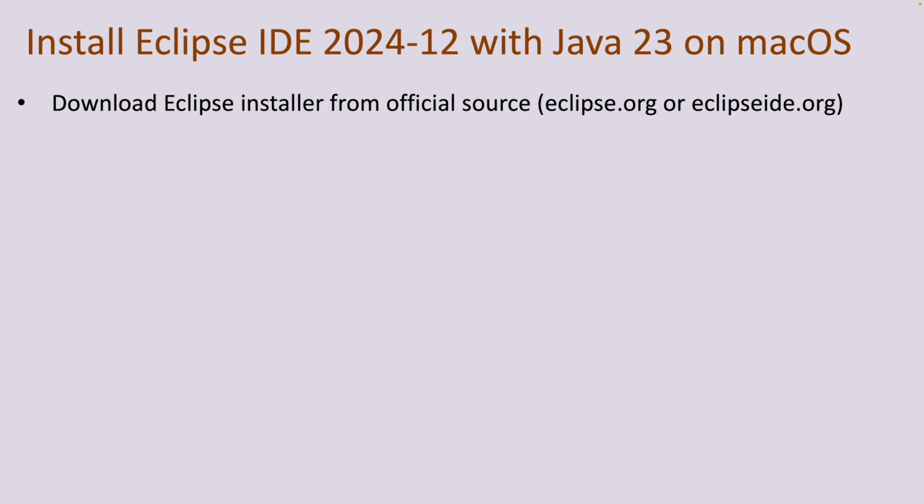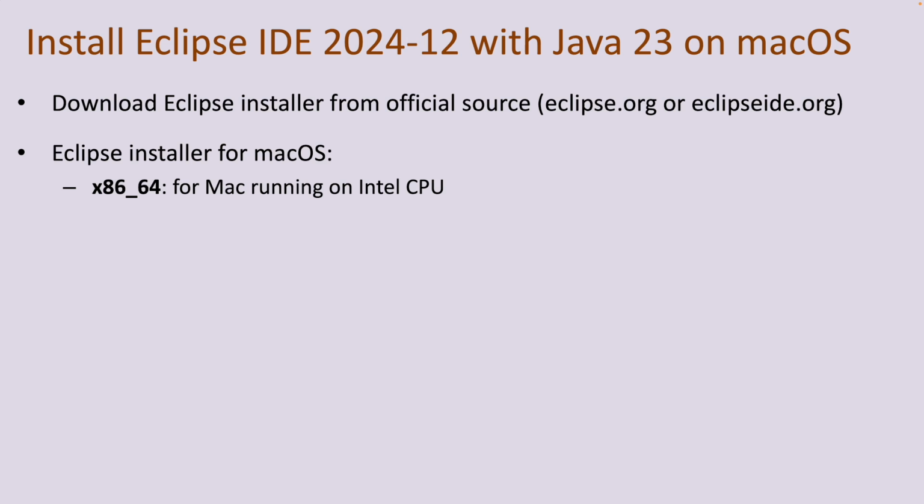It's recommended to download the Eclipse installer from official source such as on eclipse.org or eclipseide.org. And there are two types of Eclipse installer for macOS: x86-64 for Mac running on Intel CPU and AArch64 for Mac running on Apple CPU.